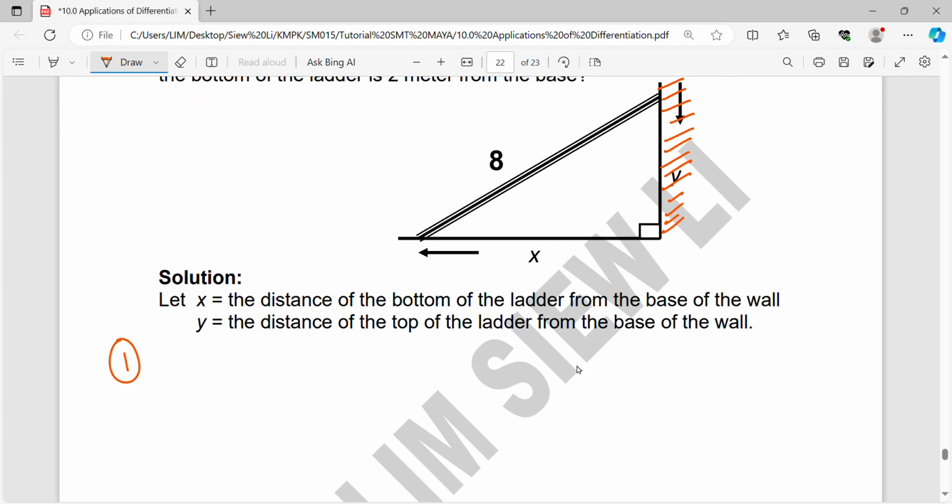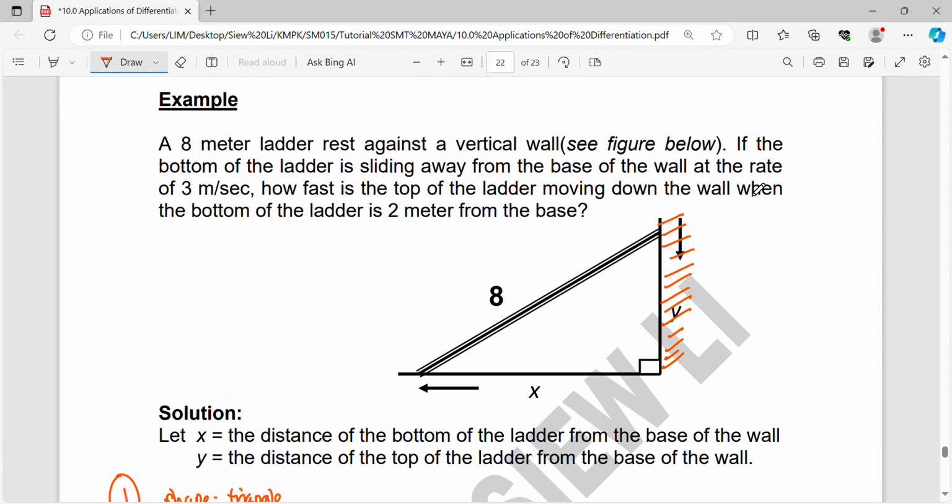So our first step, identify the variables, the constants, and the shape. The shape is very obvious here. We can see this is a triangle. And as we read here, we identify our changing variable.